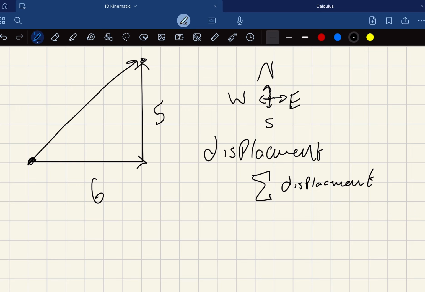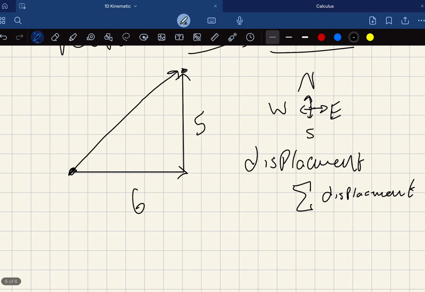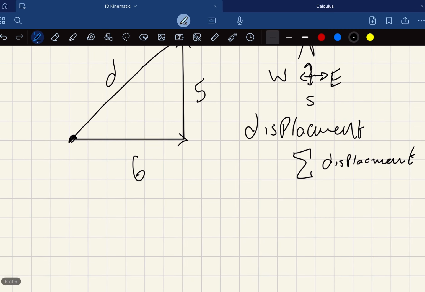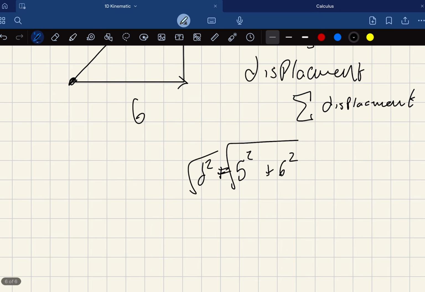So our resulting vector, let's say that this is displacement, so we're going to call it d. By the Pythagorean theorem, d squared equals 5 squared plus 6 squared. Then you could take the square root of both sides. So then you get d equals the square root of 36 plus 25.